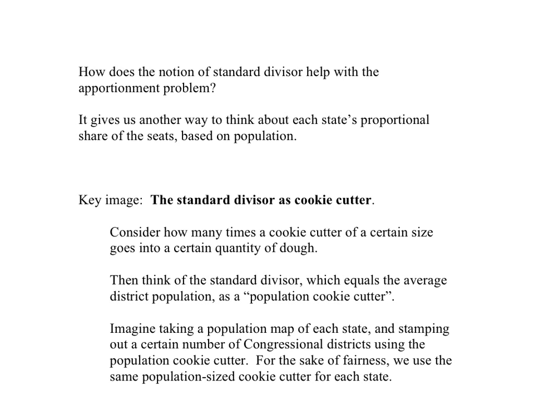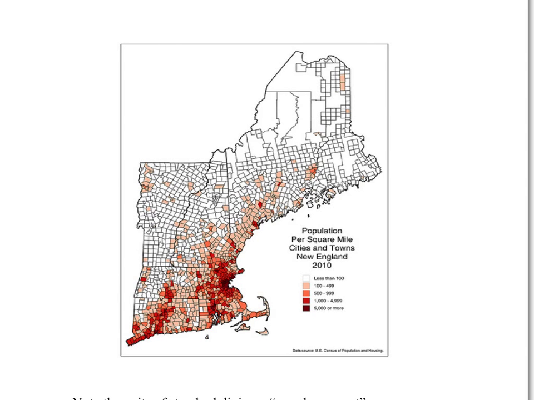Just to illustrate, let's look at an actual population map of New England and see how this might work in practice. We said in the most recent version of our example that Maine would have 2 districts, so we could carve out one district that looks something like that, and then you would have the other district up here, where the population is much more sparse.